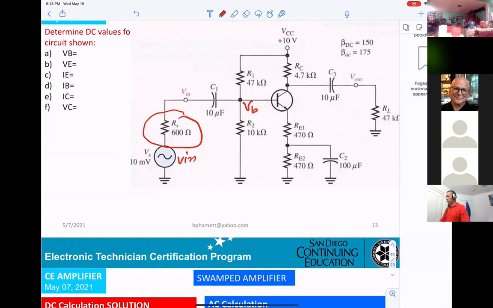So V in and VB are not the same. Don't worry about RS if you see the RS up there.